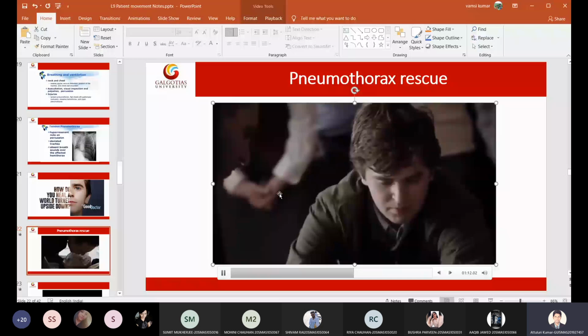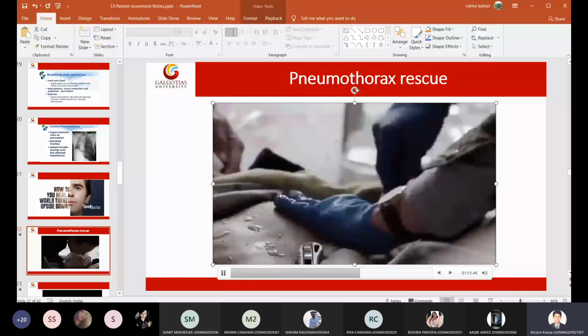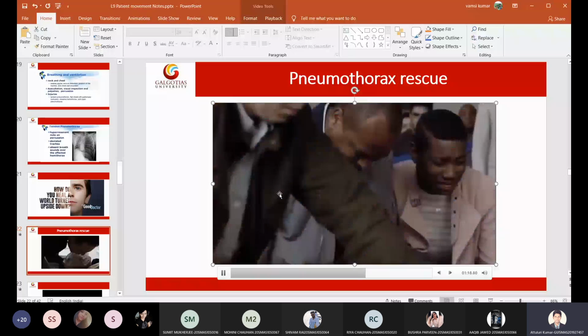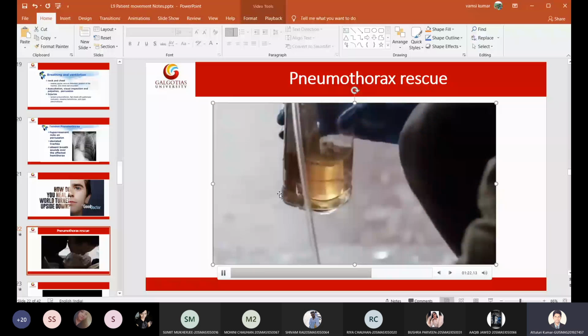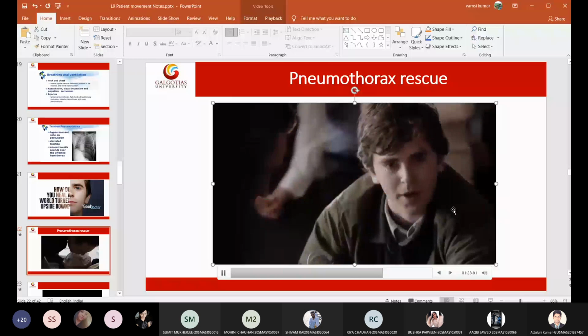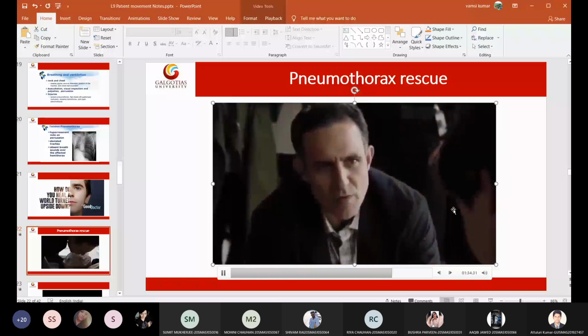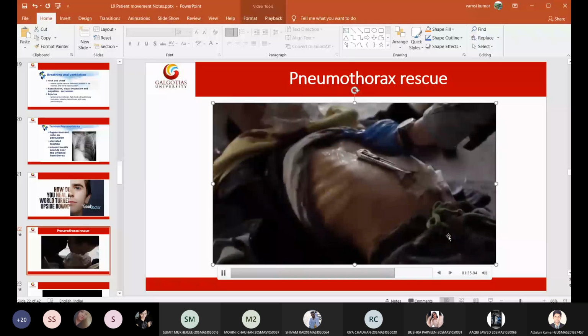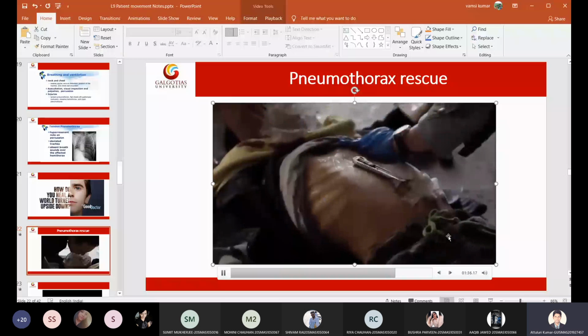Already air came out. He's introducing the catheter to remove excess air.